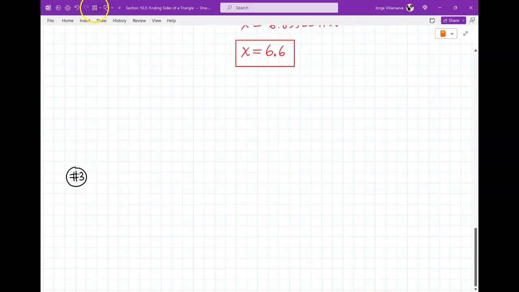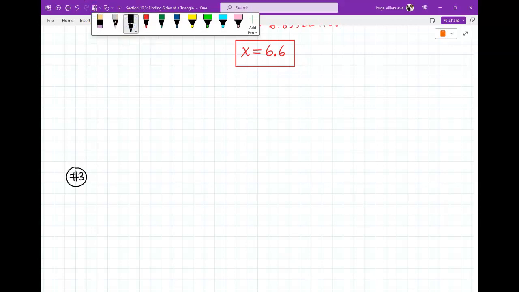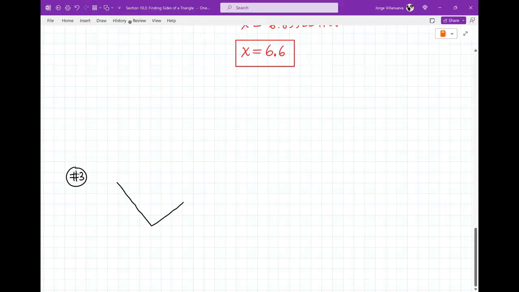It's still going to be a cosine problem. I'm curious if this thing will... Oops, no. I went too short. So there we go. I'm going to draw a triangle like this. It is a right triangle.